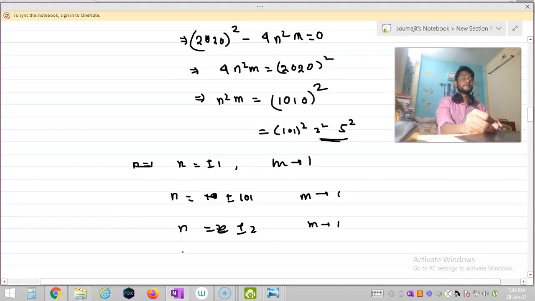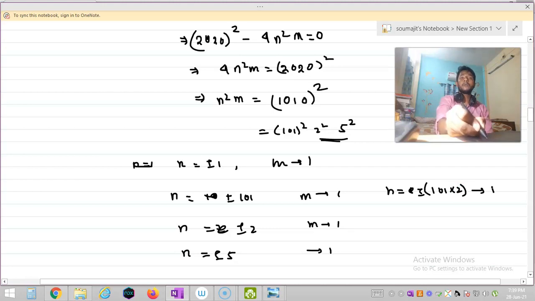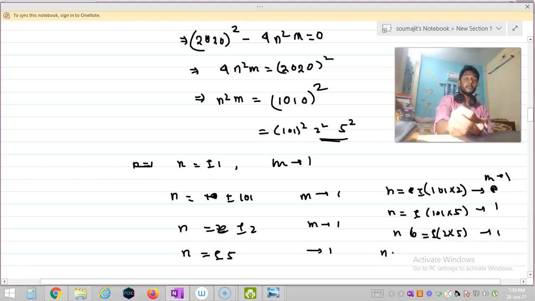If n equal to plus minus 5, again only one possibility of m. If n equal to plus minus 101 into 2, then again only one possibility of m. If n equal to plus minus 101 multiplied by 5, only one possibility of m. If n equal to plus minus 2 into 5, again only one possibility of m. If n equal to plus minus 101 into 2 into 5, again only one possibility of m.